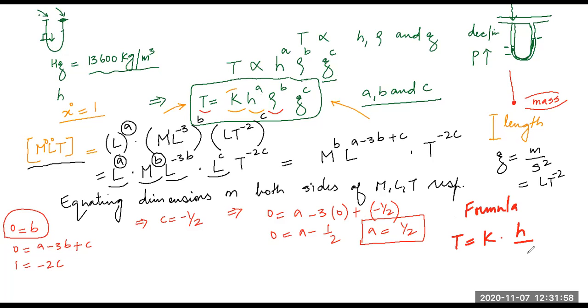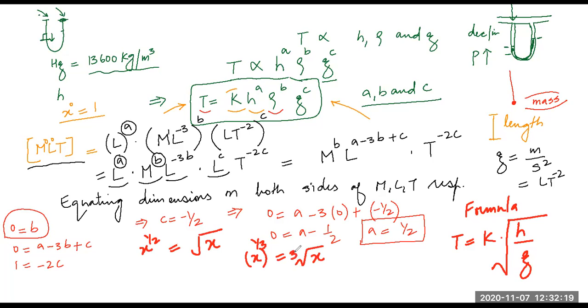The power is 1 by 2. X raised to power 1 by 2 is actually the square root of x. Remember that. If x is raised to power 1 by 3, that is actually the cube root of x.